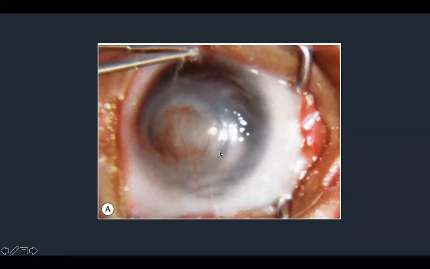This case is Peters anomaly. I think it might present in the exam. So what you need to know is that Peters anomaly is mainly sporadic, but can be autosomal recessive or dominant, sorry. The pathophysiology is defect or absence of the central Descemet and endothelium, with two types, or three types actually, two types affecting the eye and one type called Peters plus.